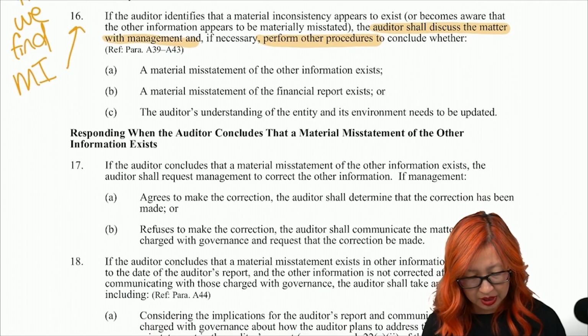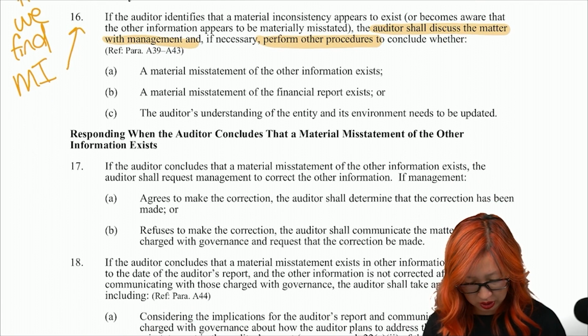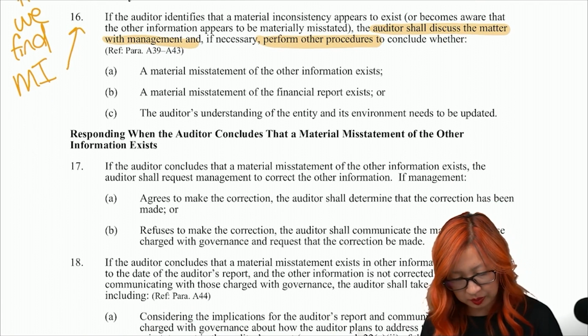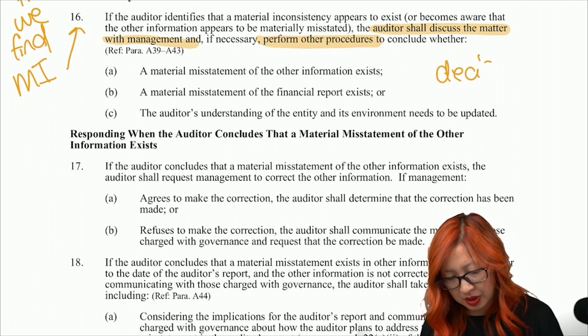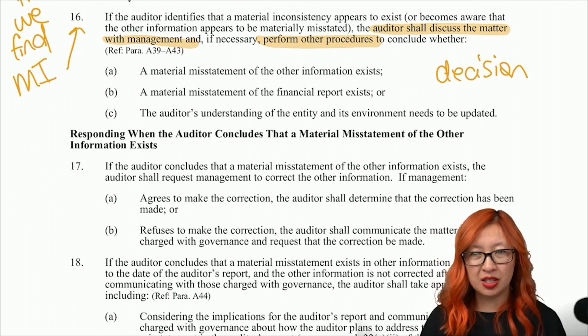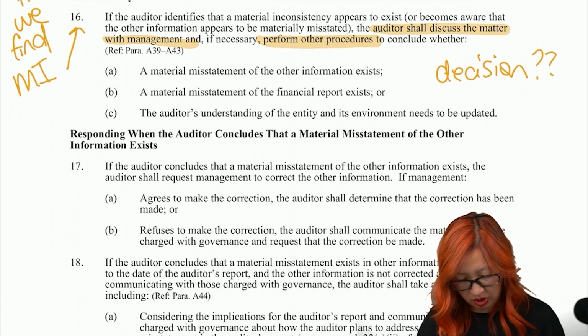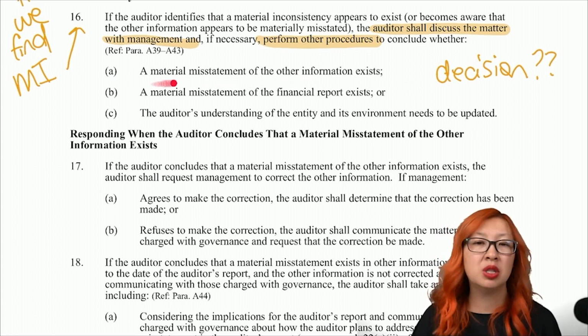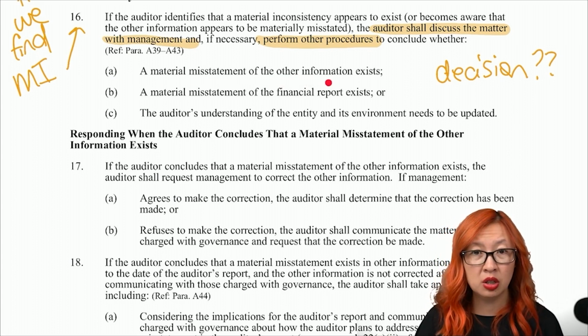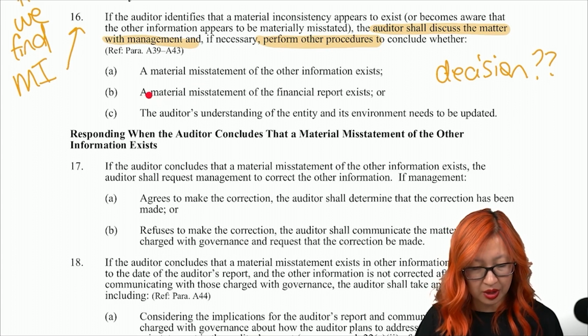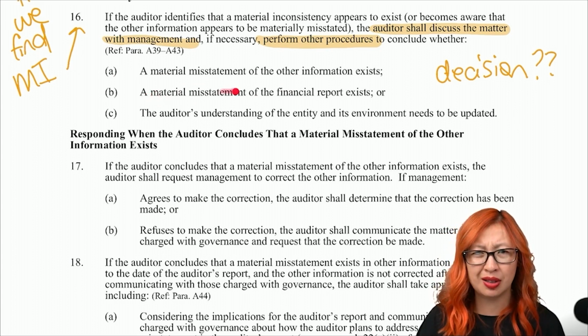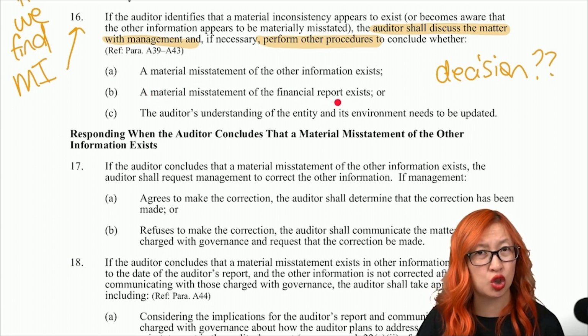Now, it says here, I have to make a conclusion. When I say conclusion, I really have to make a decision. And a decision means it's going to be one of these three items. Is there a material misstatement of other information? Or if the other information is correct, does that mean there's an error in the financial report?